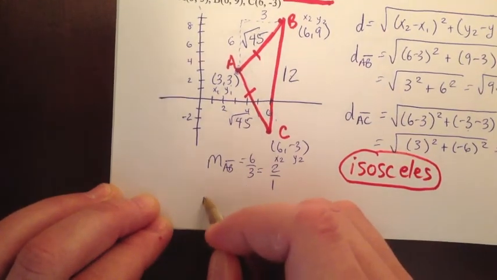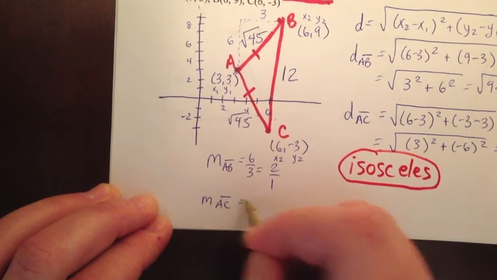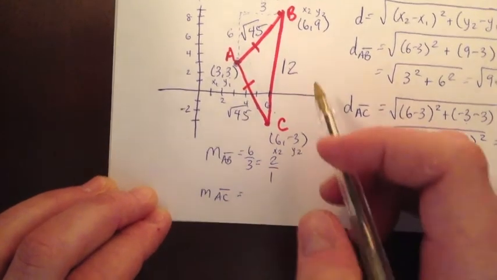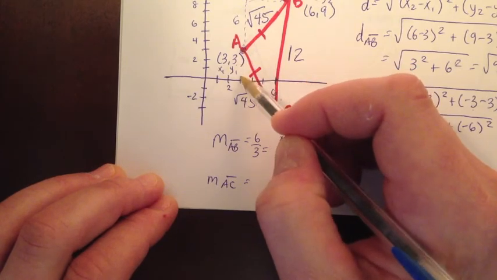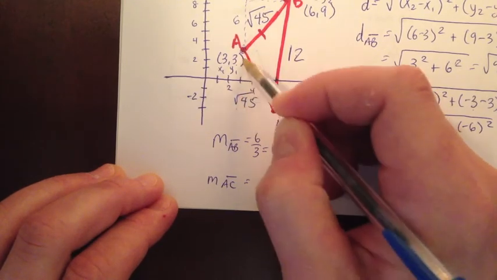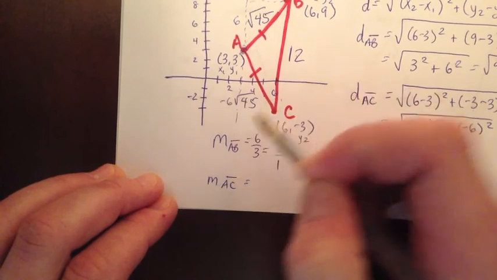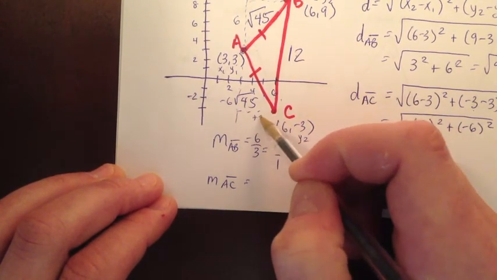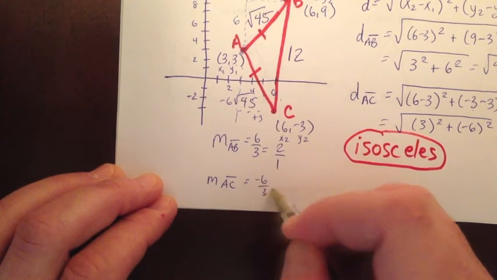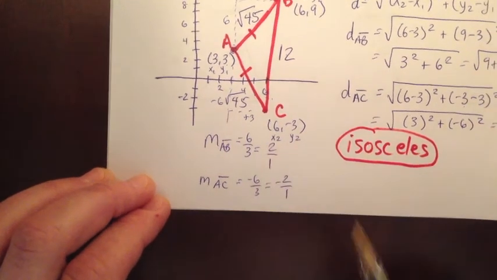The slope of AC, so now this time we're going to go down 1, 2, 3, 4, 5, 6. So down 6, which is negative, and then we're going to run 1, 2, 3, which is positive. Negative 6 over 3 equals negative 2 over 1.